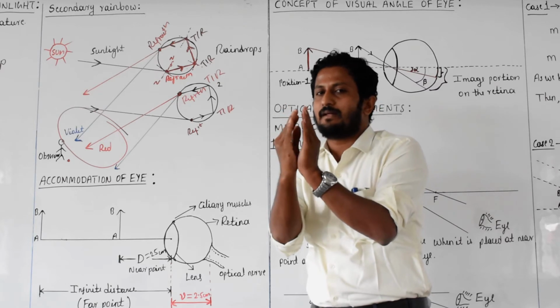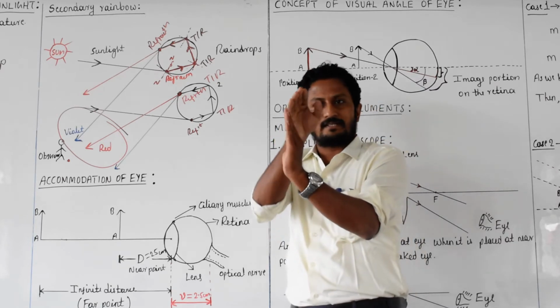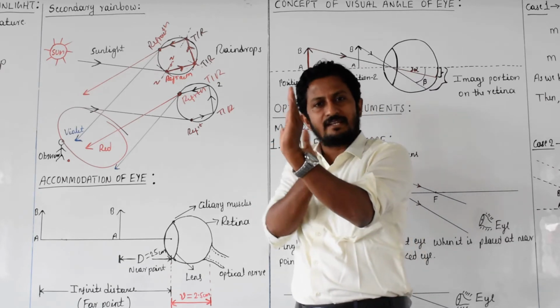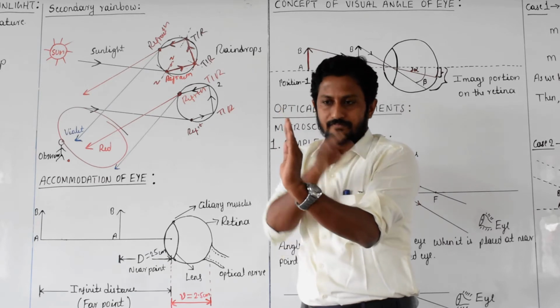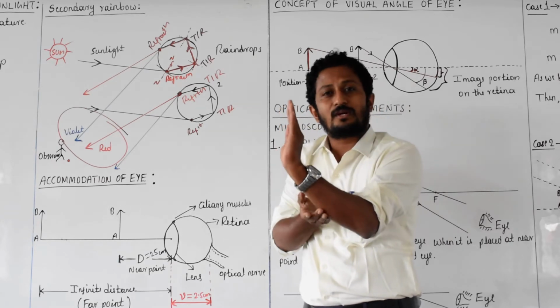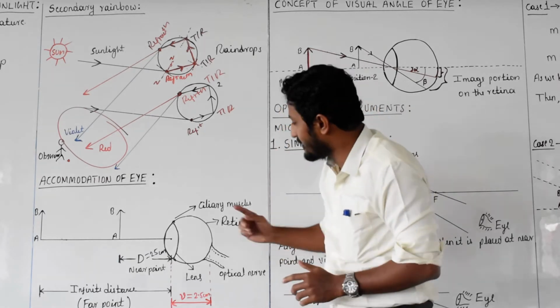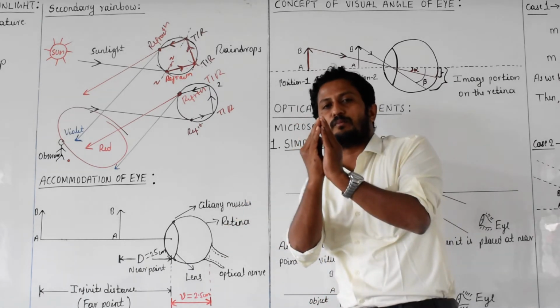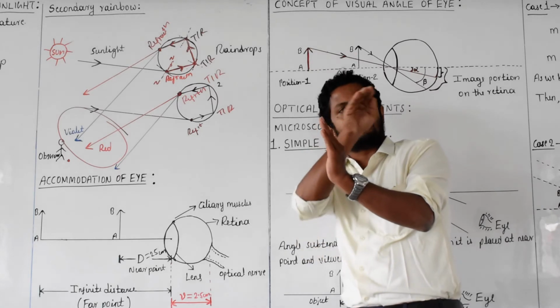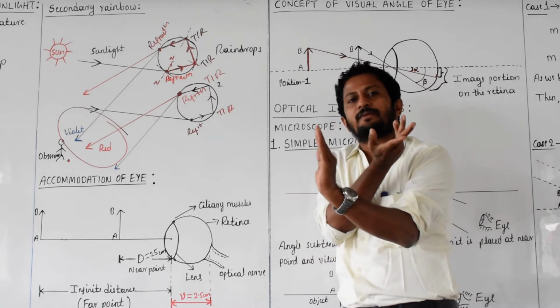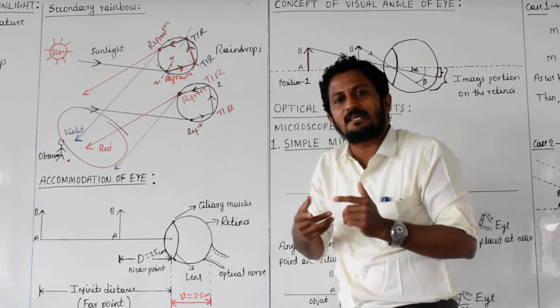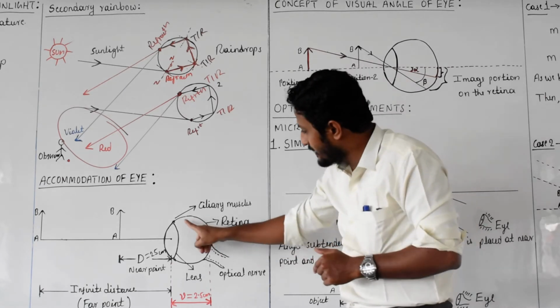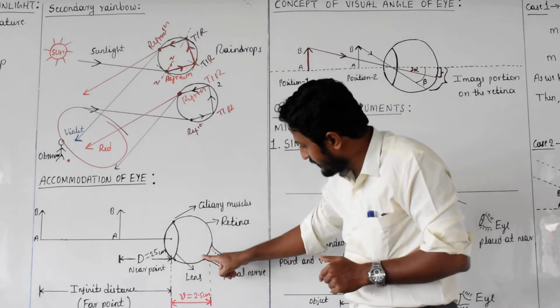Behind that lens there is a curved screen-like layer which we call the retina.